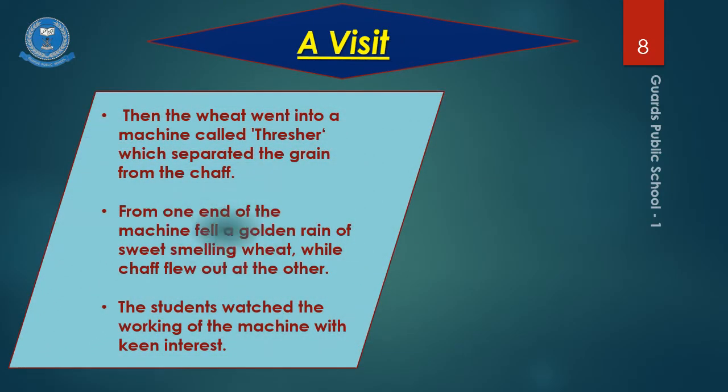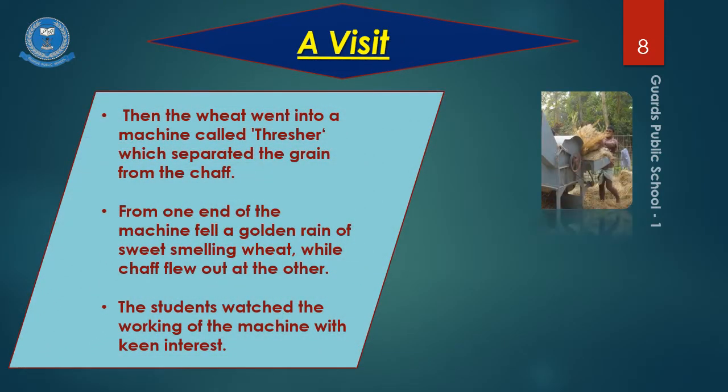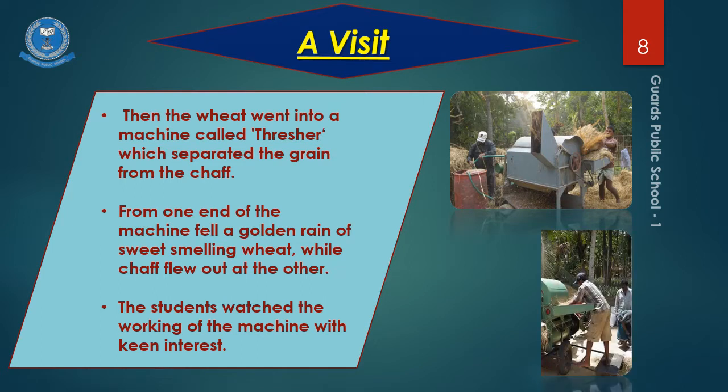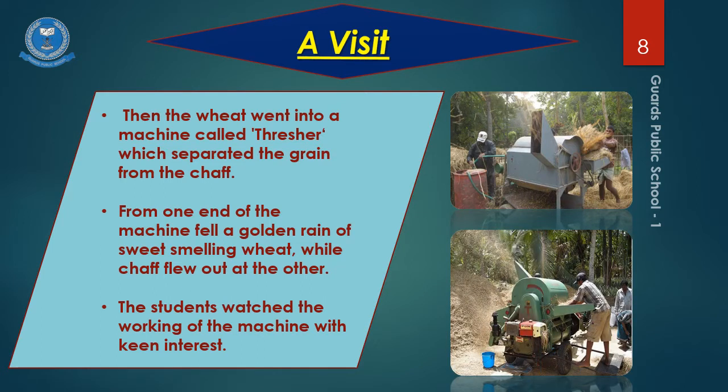Then the wheat went into a machine called thresher, which separated the grain from the chaff. From one end of the machine fell a golden rain of sweet smelling wheat, while chaff flew out at the other. The students watched the working of the machine with keen interest.